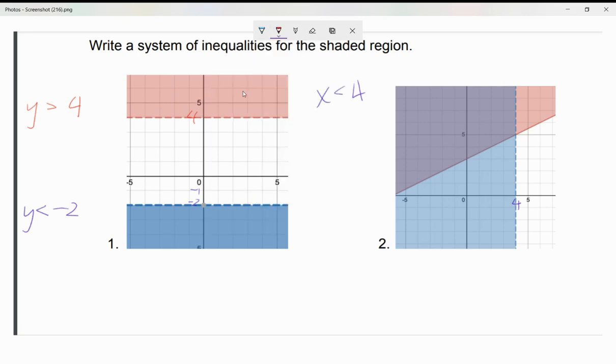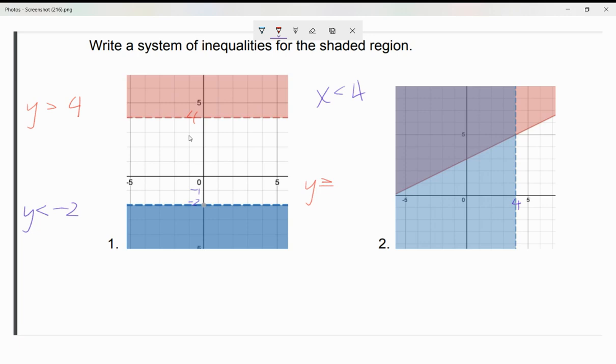For this one, it might look a bit hard, but we already graphed this before, so we'll be okay. y is greater than or equal to, because it is shading everything above the line. And since it's not dotted, there's a line there too.